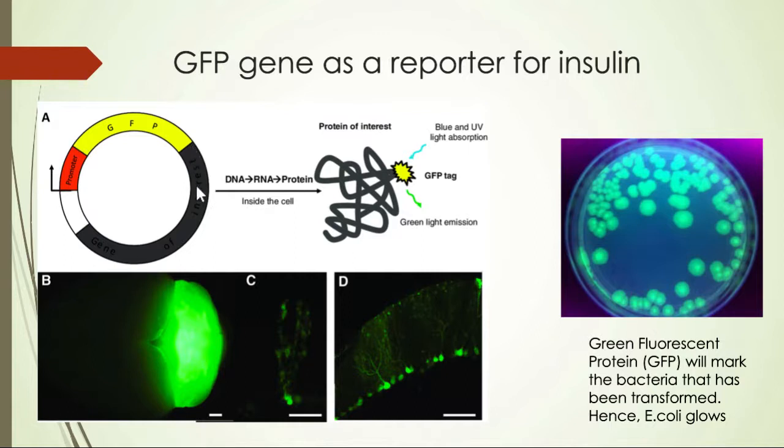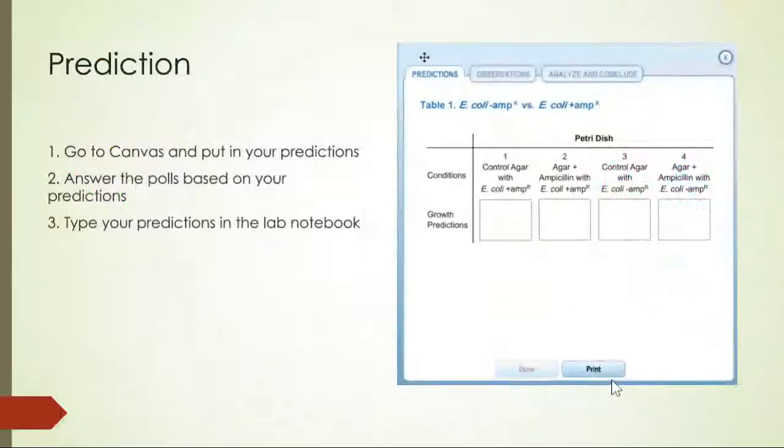Now this part here, the last part, is your gene of interest. So we use GFP, so your green fluorescent protein, as a marker to say, yes, this particular bacteria has taken up the plasmid, therefore it's glowing. And the really cool thing is this little bit of bacterial protein actually comes from sea jellies. So a pretty cool little thing that it does.